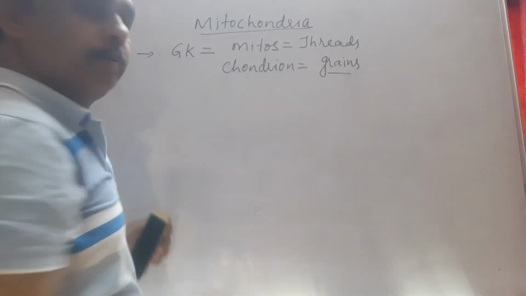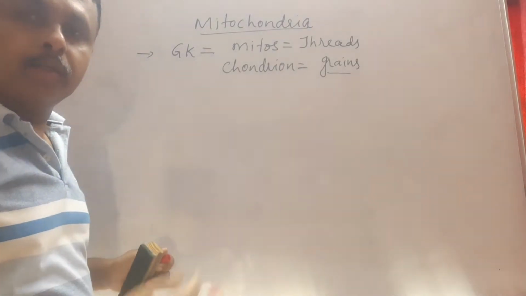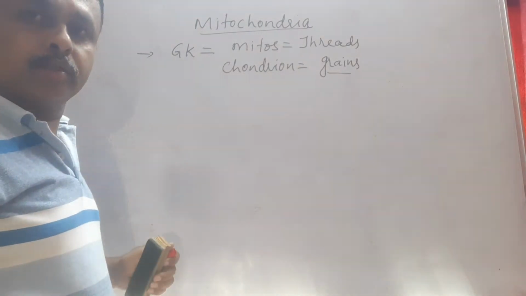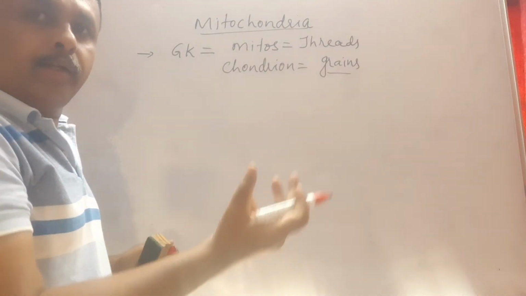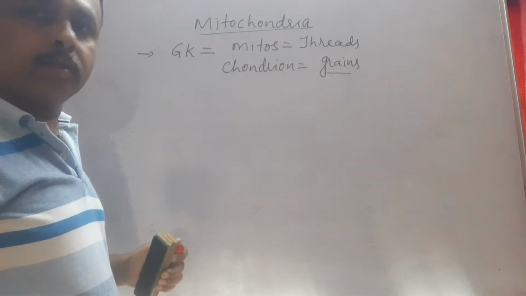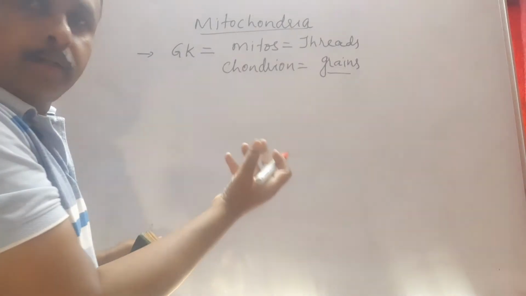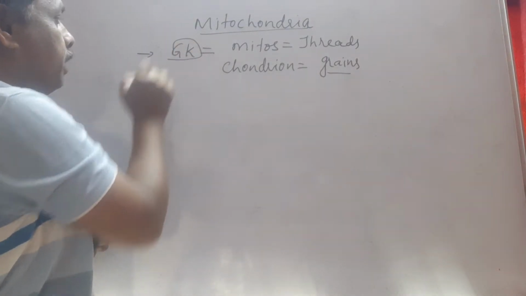In Greek, mitochondria means thread-like grains, or grain-like threads. We can call it that in the Greek meaning.